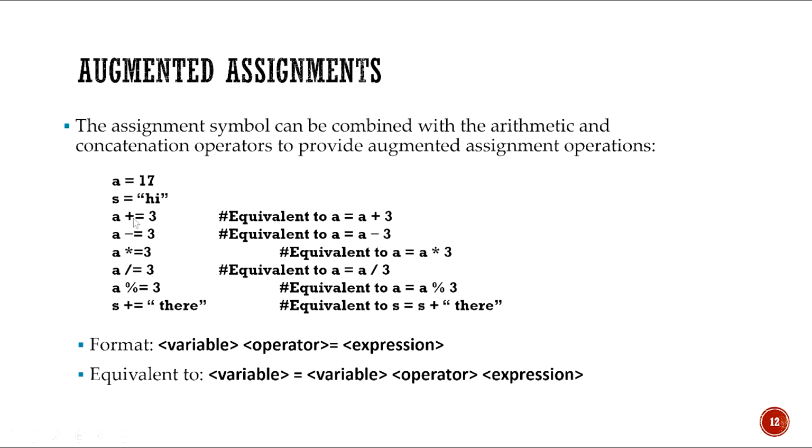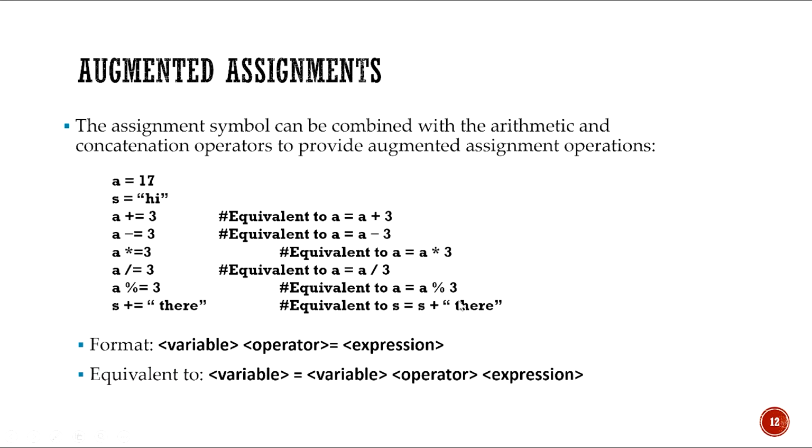A += 3 is equivalent to A = A + 3. So it's shorter, and we usually use augmented assignments. Or A -= 3 is equivalent to A = A - 3.